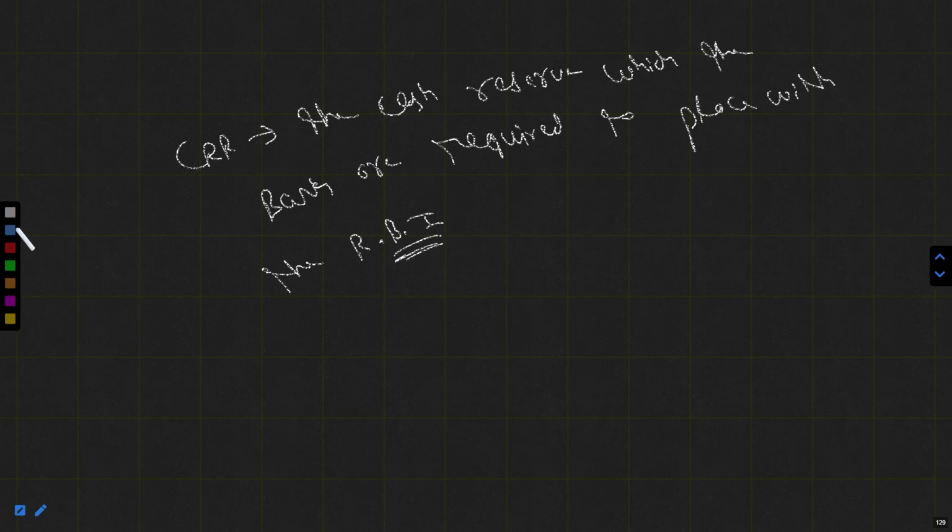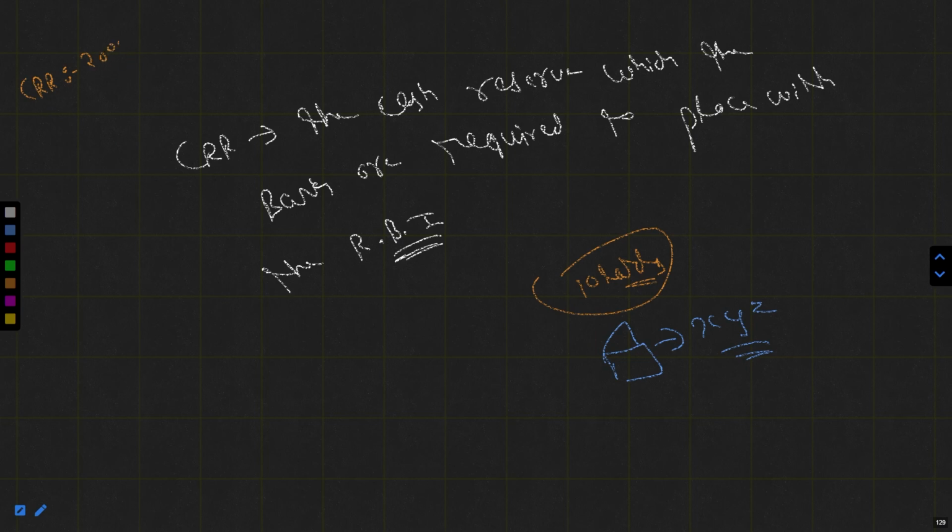For example, this is XYZ. They had a deposit of rupees 10 lakh. Right now the CRR is 20% as per the Reserve Bank of India's guideline. Be aware that it is just an example, not the actual figure. I'm just giving it to explain the concept.